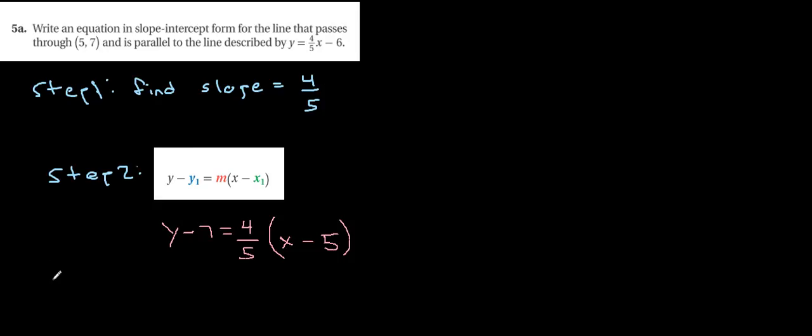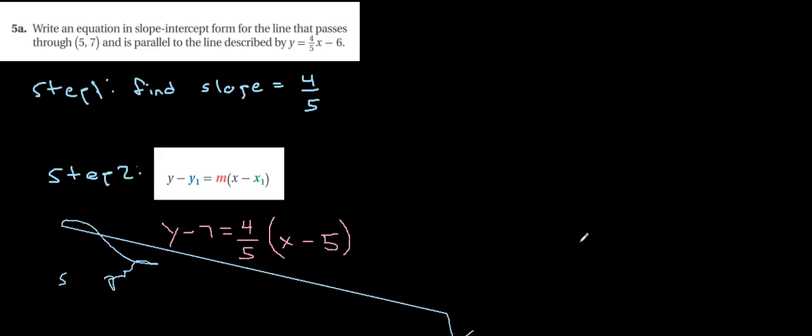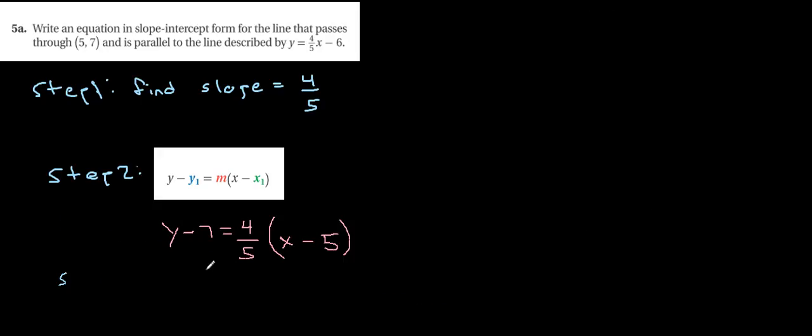Now I've got one more step. Step 3 is to write it in slope-intercept form. So I'm going to rewrite this equation in slope-intercept form. All I have to do is first distribute 4/5 to each part of the equation.